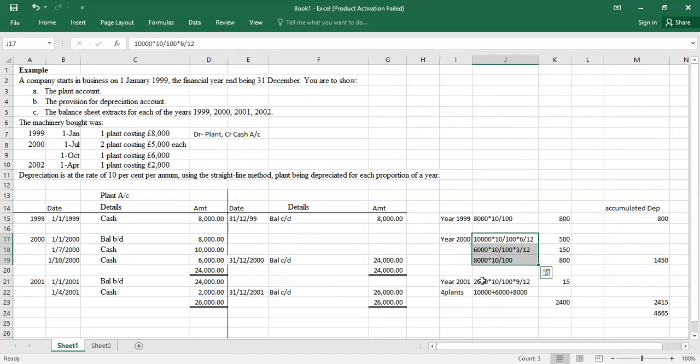So I'm doing for 4 plants only. So this one is not even supposed to be here. Cut. This should come in the year 2002. So bear with me, that was a confusion. In other words, the accumulated depreciation for this particular period would have been 2,400.